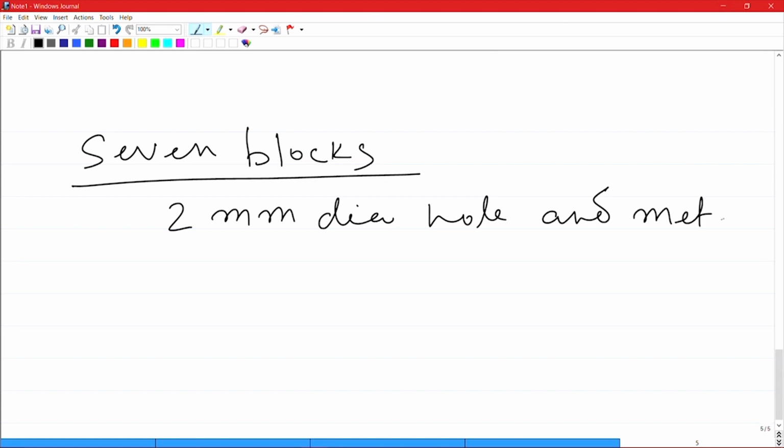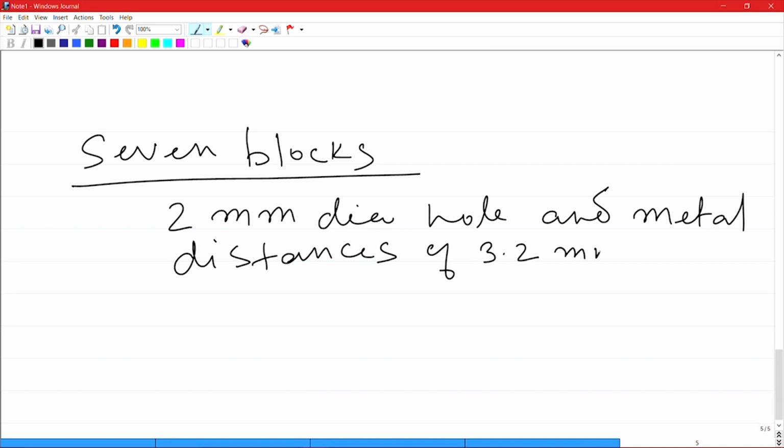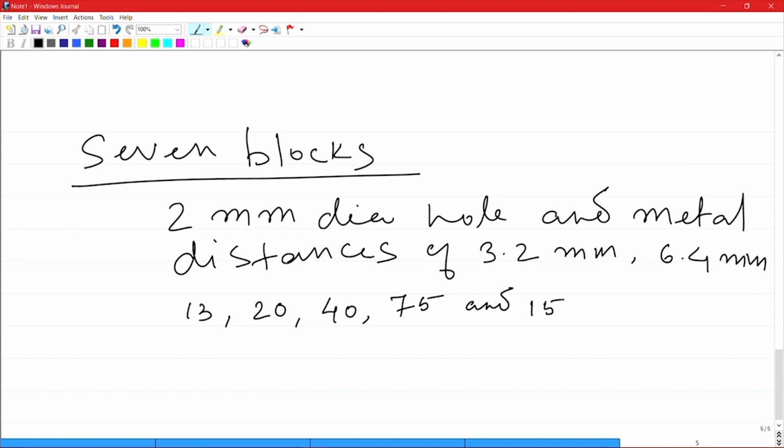So, this will give you 7 different metal distances in these 7 blocks, and these are the metal distances: 3.2 mm, 6.4, 13, 20, 40, 75 and 150 mm.